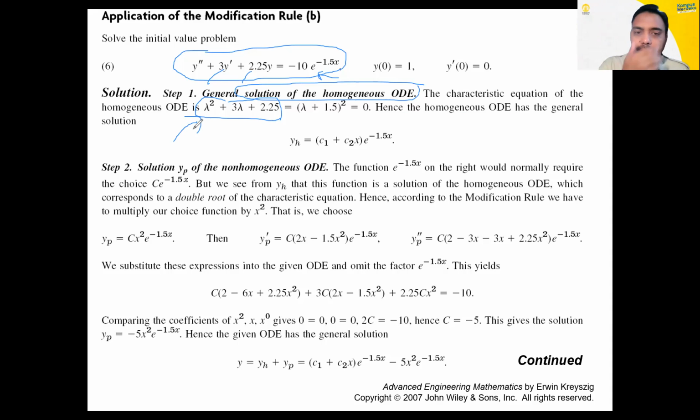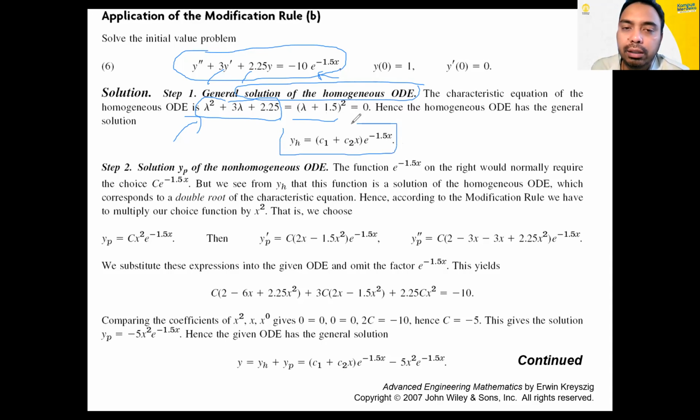So we find first the solution for the homogeneous ODE, and then as you can see from this particular problem, you're going to have a double root, two real roots, the same real root, which is negative 1.5 over here. So lambda 1 is equal to lambda 2. So the form is (C1 plus C2 x) e to the power of minus 1.5x.